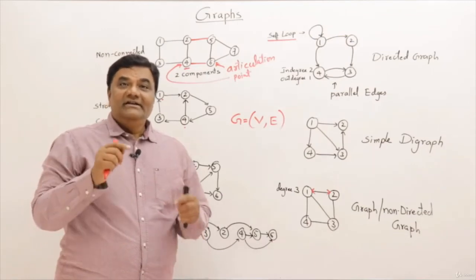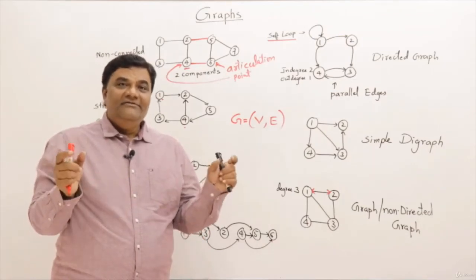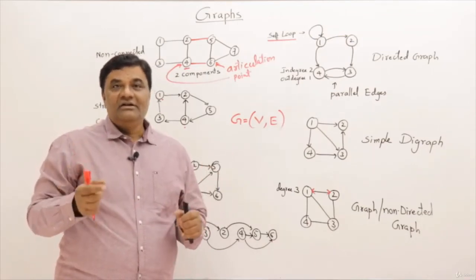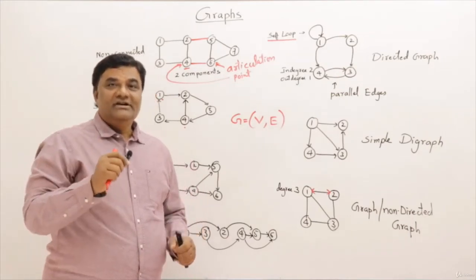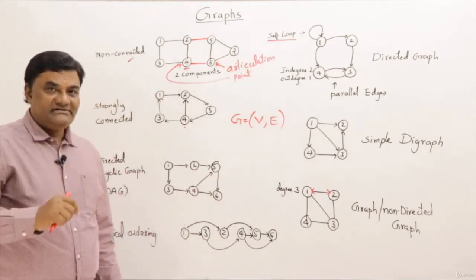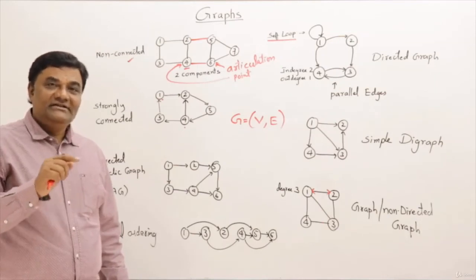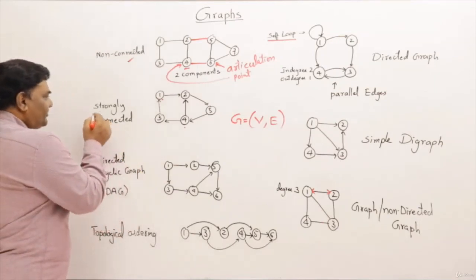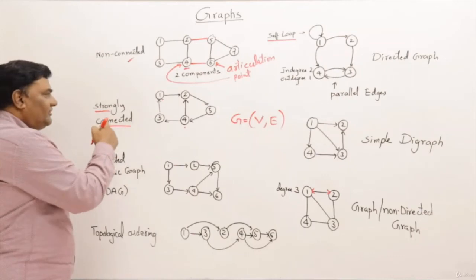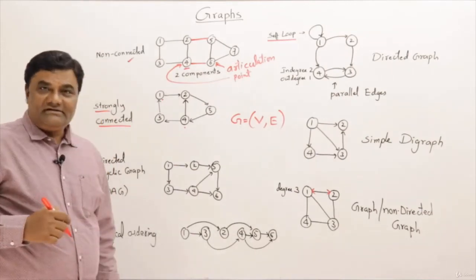It means there is a path between every pair of vertices, or from any starting vertex you can reach all other vertices. If a directed graph satisfies this property, then it is called a strongly connected graph. So strongly is the term used for directed graphs.